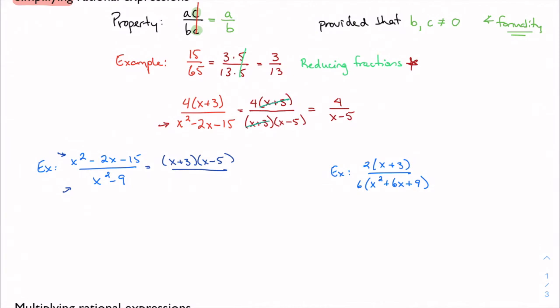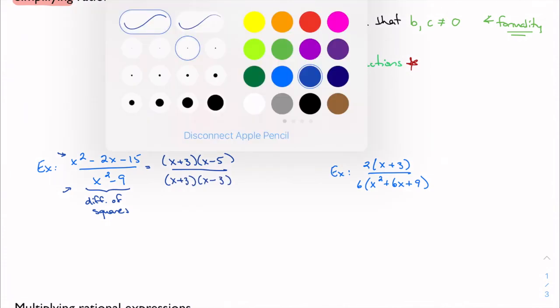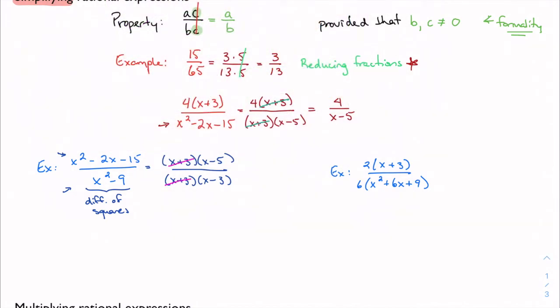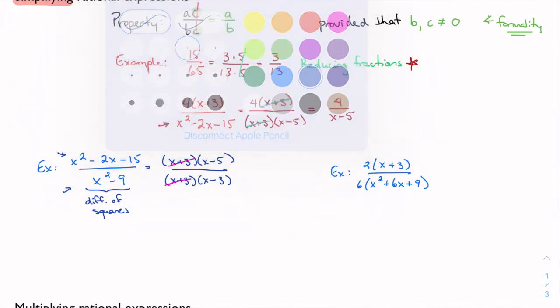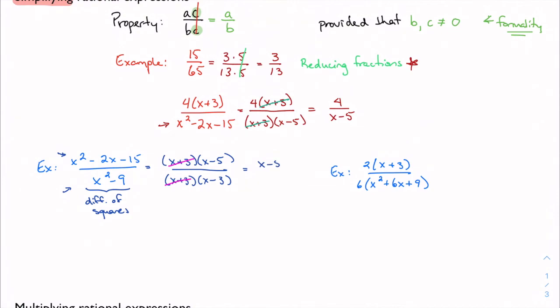And yes, I can, right? This is, of course, a difference of squares. So this is going to be x plus 3, x minus 3. Of course, my x plus 3's cancel out again, and I'm left with x minus 5 over x minus 3, and that's totally okay. That's exactly how it should look.